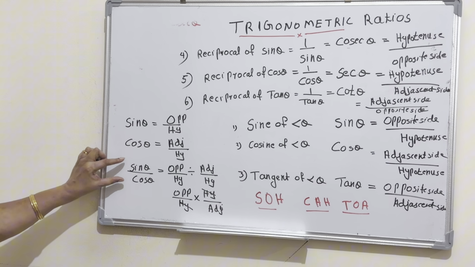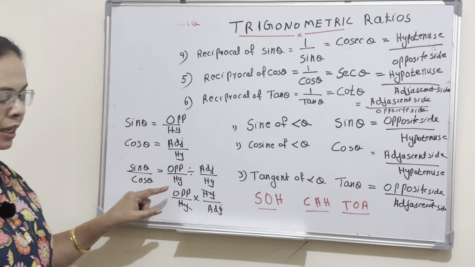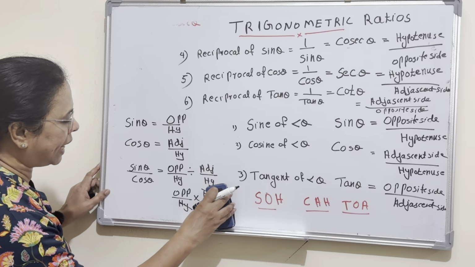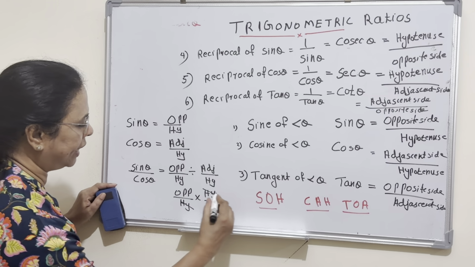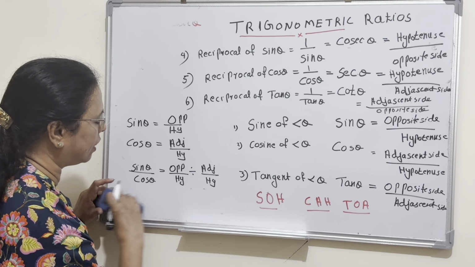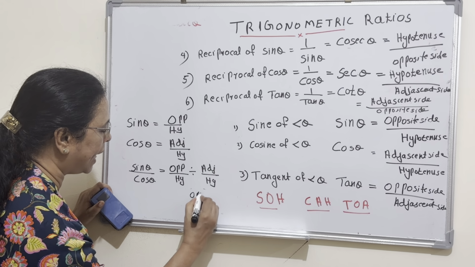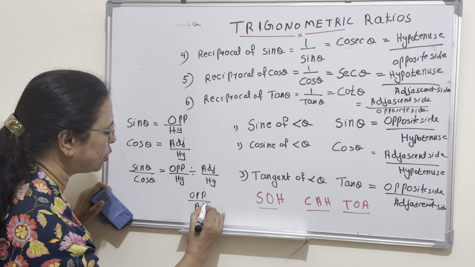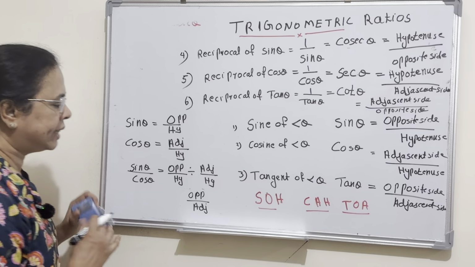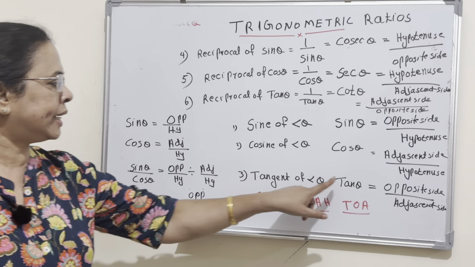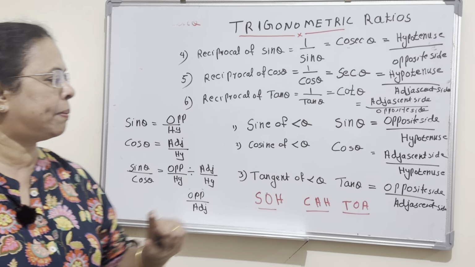So sin theta by cos theta is equal to opposite side by adjacent side. That ratio stands for tan theta.